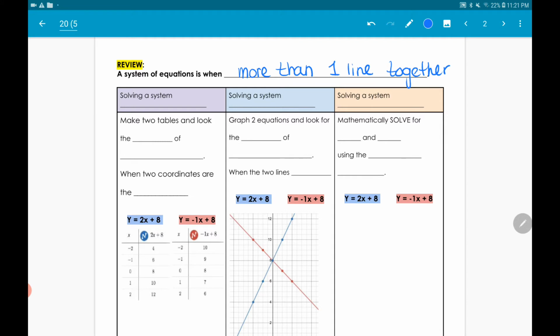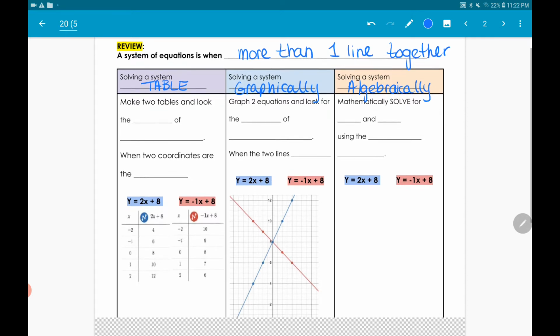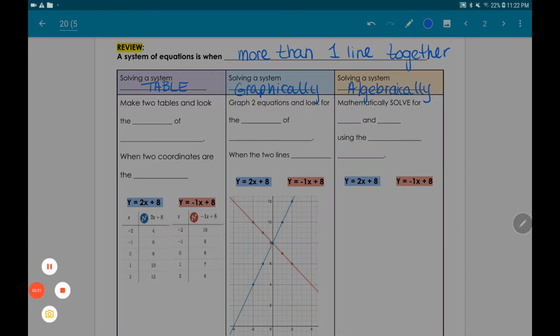Okay, and we can put them together on a table and solve them that way. We can also solve them graphically. And then we also looked at them algebraically. All right, so let's take a look now.